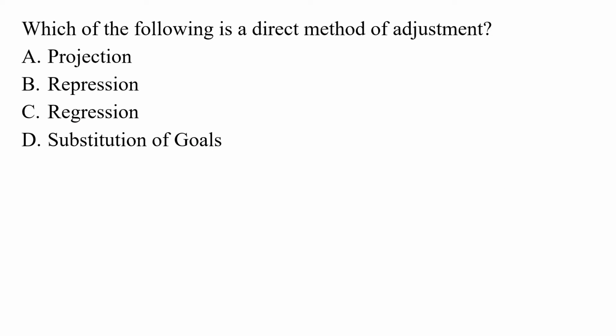So here the correct answer is option number D, that is substitution of the goal is a direct method of adjustment.